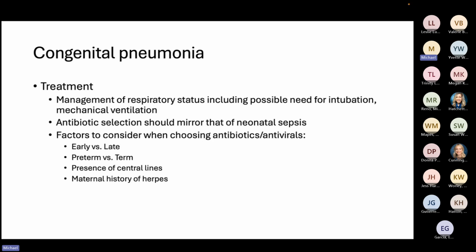If you have central lines in a baby who's a few days old, you may need to cover for MRSA infections, and that would be more of a late onset sepsis picture with hematogenous spread of skin flora into the bloodstream and then into the lungs. And a maternal history of herpes would really set off alarm bells for the possible need for at least empiric acyclovir, and then testing to rule it out before you remove that empiric acyclovir.